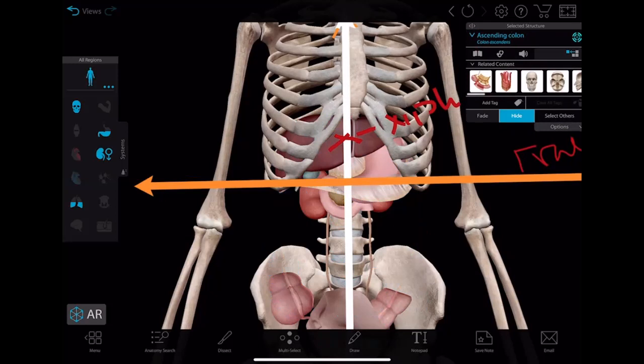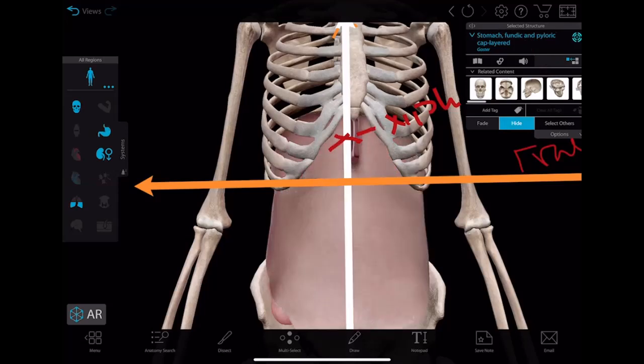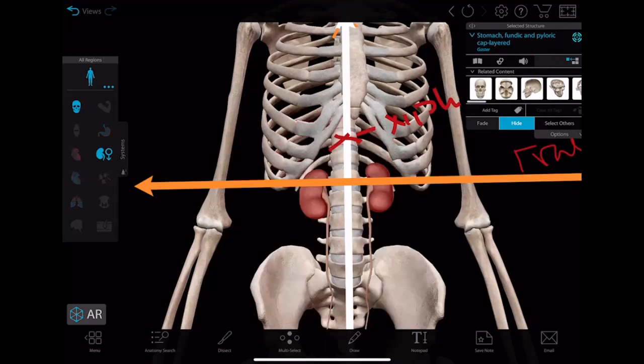You see, this is the stomach, right? Pylorus, that is the pylorus. So that is where the pylorus is, and this level of L1 is the level of kidneys, right?